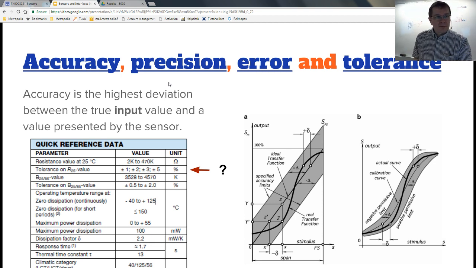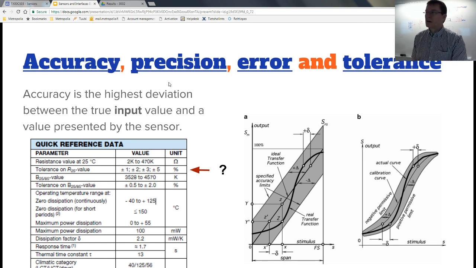Okay, precision. Basically how well you can calibrate this sensor, how precise the values will be. Error is simply the difference between the true and the measured value.